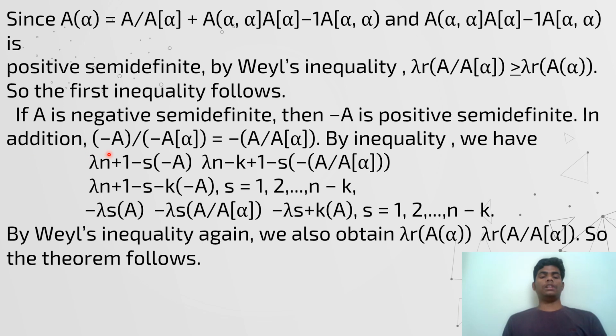In addition, the Schur complement of minus A equals minus the Schur complement of A. By the inequality, we have lambda_{n plus 1 minus s}(minus A), lambda_{n minus k plus 1 minus s} of the Schur complement of minus A, and lambda_{n plus 1 minus s minus k}(minus A), where s equals 1, 2, 3, up to n minus k, which translates to minus lambda of A, minus lambda of the Schur complement, and minus lambda_{s plus k}(A), where s equals 1, 2, 3, up to n minus k.